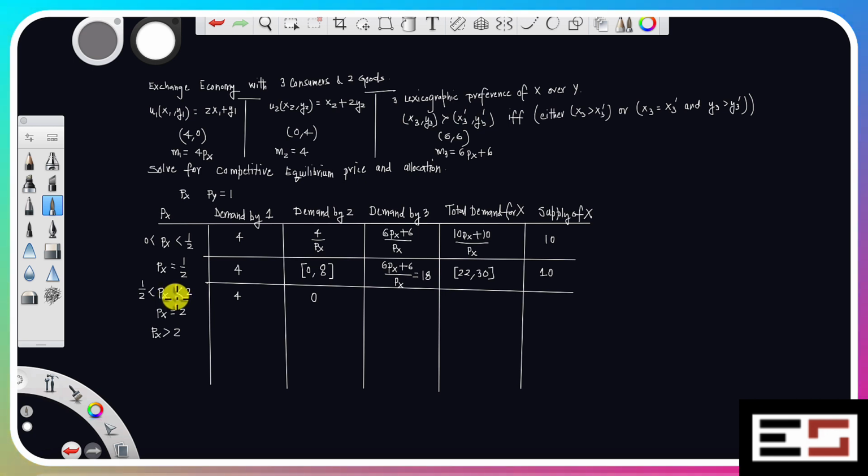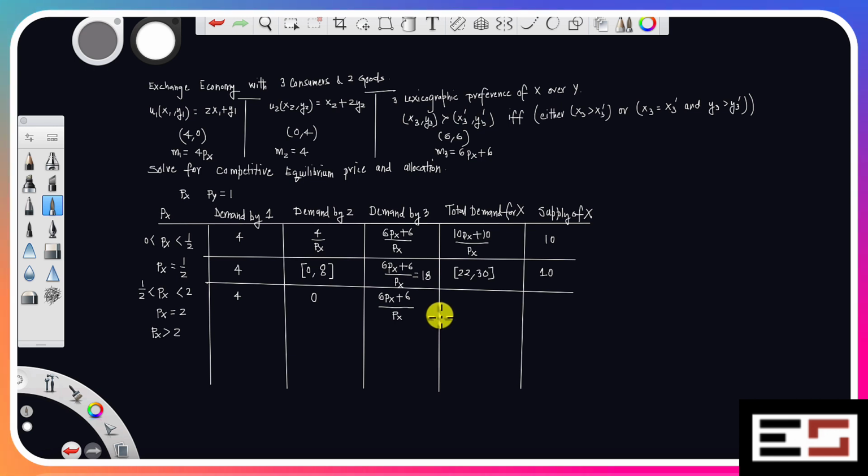So consumer 2 will spend nothing on X, and therefore will demand 0 units of X. Consumer 3 will continue to spend all his money on X, so the demand for X is going to be 6px plus 6 by px.